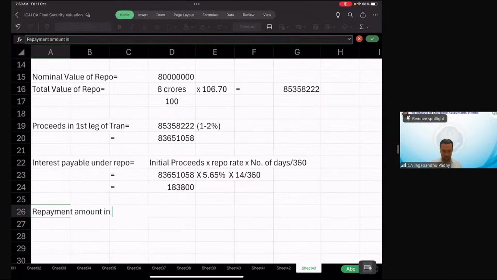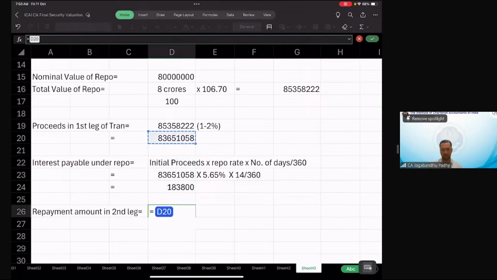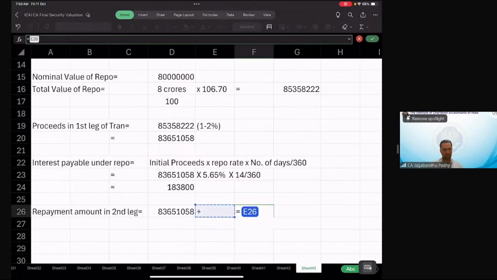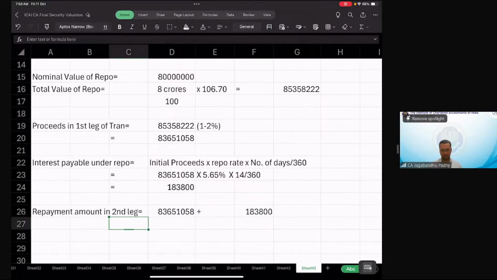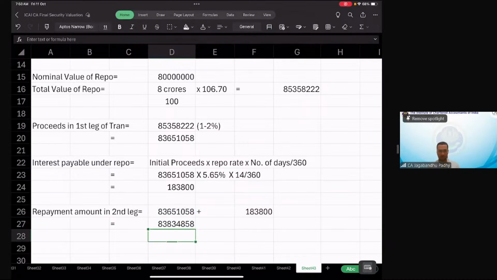So what will be the repayment amount in the second leg? Whatever proceeds you got in the first leg, you add to it the interest which is payable. That gives us a total amount of 8 crore 38 lakh 34,858.